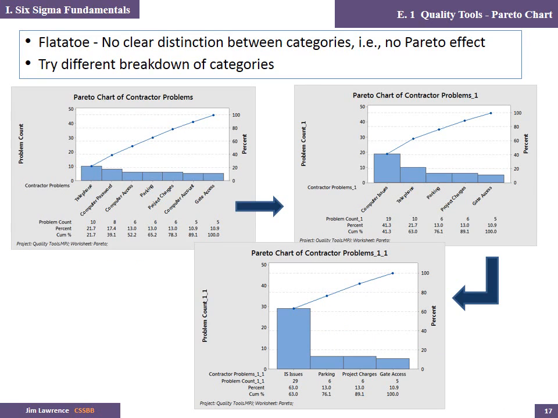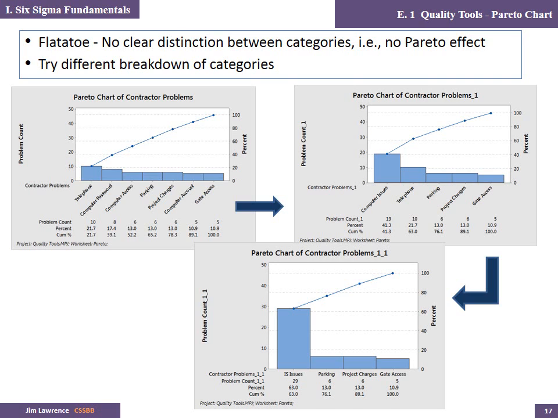Now, if you don't see the Pareto effect in a set of data, and you have what might be called a flat Pareto, where you don't see anything standing out, it's quite possible you haven't got things stratified in a way that really identifies a category of interest. In this case, if we combine computer password and computer access into computer issues, we start to see computer issues as a category that is a vital factor.